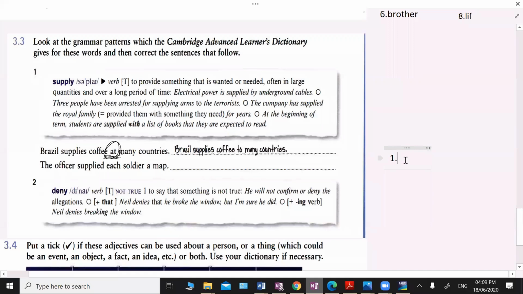Look at the first example. It was a prepositional mistake. It's not at, it's to. Same here. Can you look at the second part? The officer supplied each soldier. Can you check if there is any kind of prepositional mistake or something missing in this sentence?